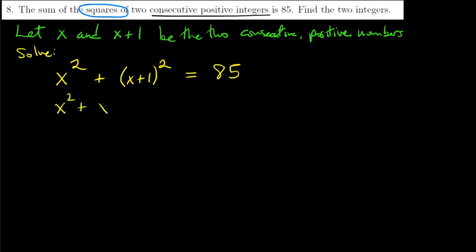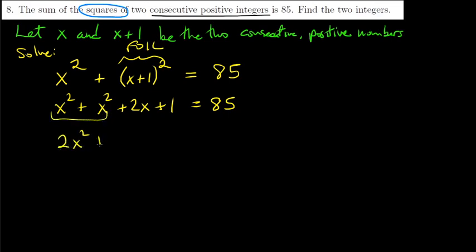And you should get this equation here: x squared plus x squared plus 2x plus 1. I'm not going to explain the 2x again. You should know that's just x plus x when you have to FOIL this out. And x squared plus x squared is 2x squared, plus 2x plus 1 equals 85.